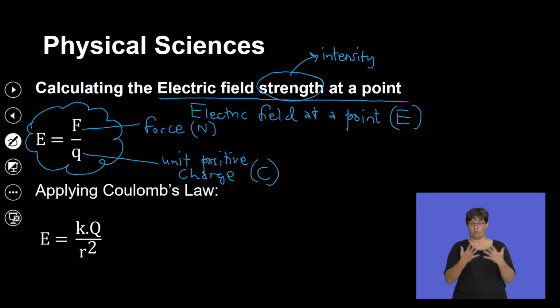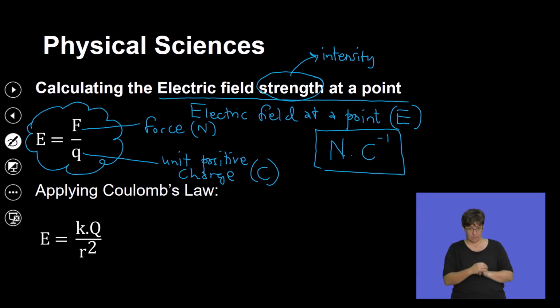So in other words, the unit of electric field at a point is a newton per coulomb, right? So it's a newton per coulomb. This is the SI unit of electric field at a point. It means how much force will be experienced when we subject a unit positive charge to that field.